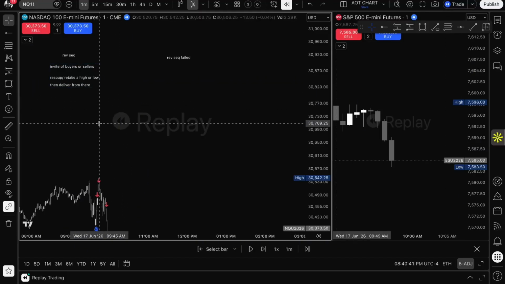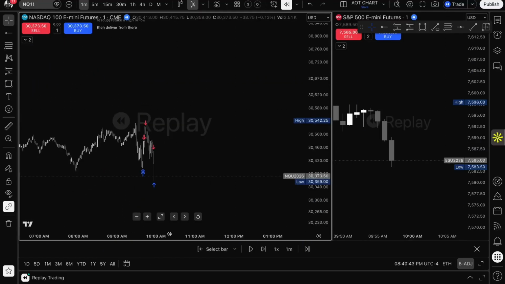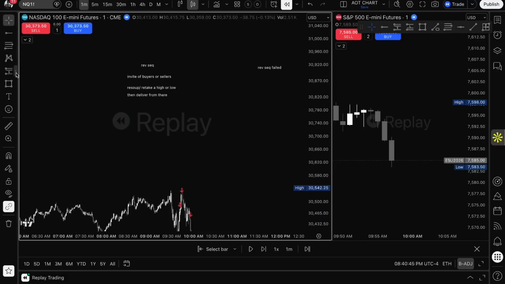All right, so an example of this. Oh wait, and then a reverse sequence is. And to answer your question, I'm teaching y'all how to read the market and trade with discretion, not just pattern trading.